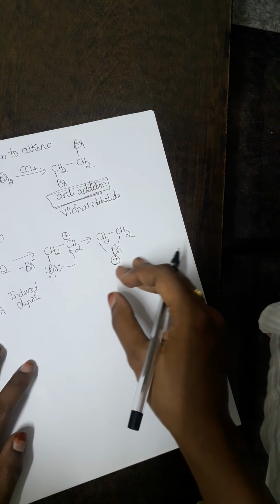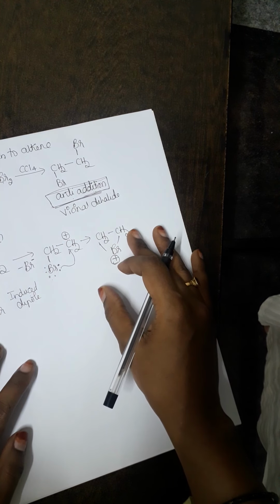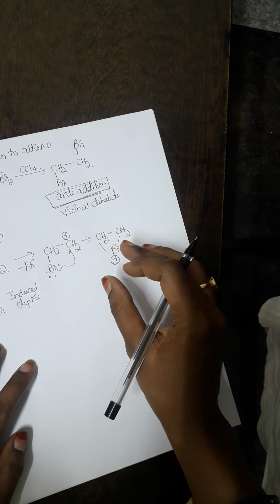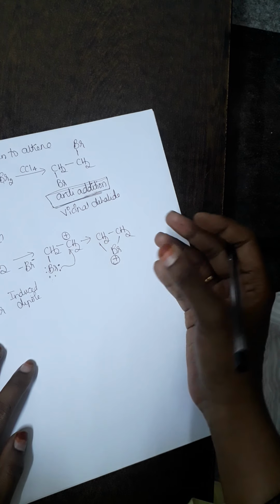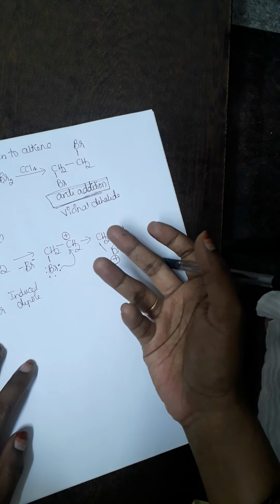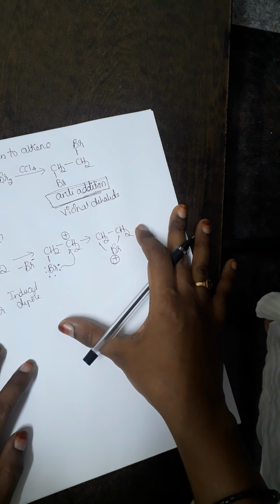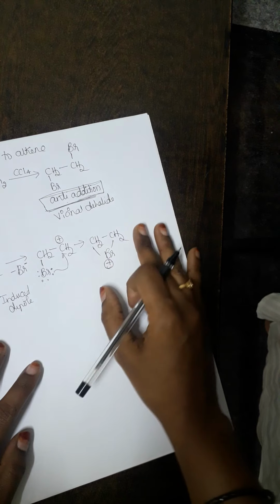According to the cyclic compounds rule, that is Bayer's strain theory, whenever we have a higher angle strain, the molecule will immediately open. The reaction is very, very fast. Cyclopropane will react very readily because of the very high angle strain of 60 degrees.